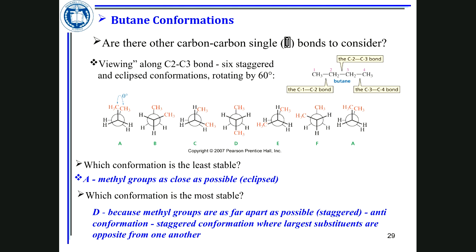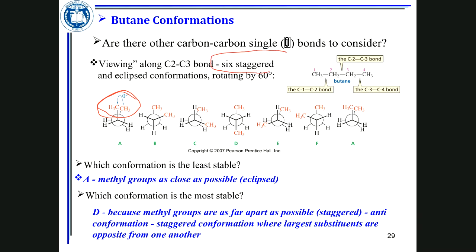So butane is going to have more than two conformers. We have one conformer where the angle strain is the maximum. So you have the viewing along the C2 and C3 bond.